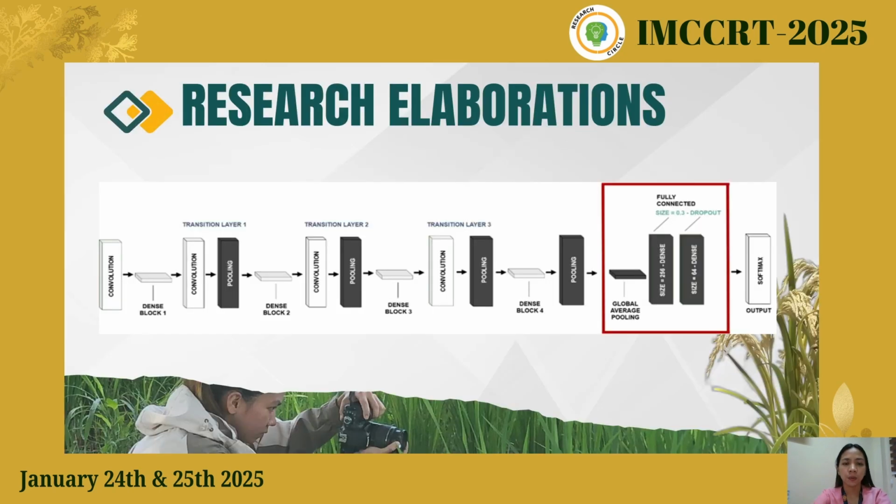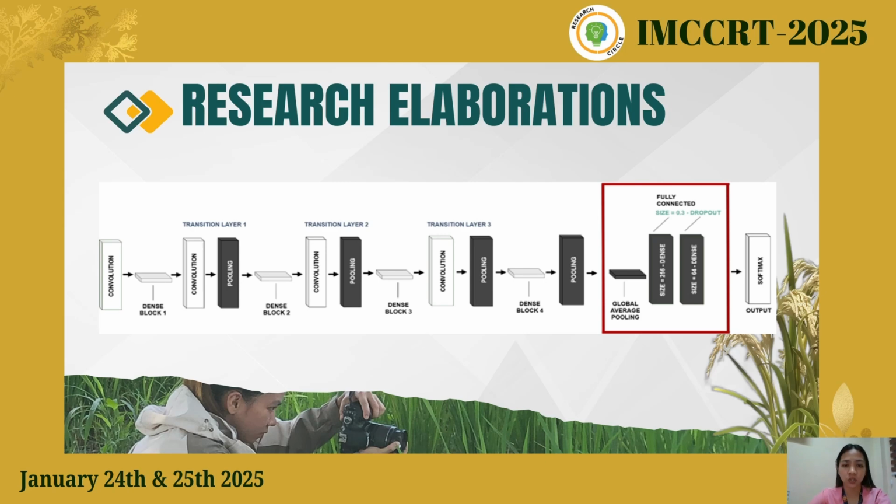Next, for the modified DenseNet-201 architecture, in this figure, the modified DenseNet-201 model addresses overfitting typically seen in fully connected layers of CNN. To address this, the researcher replaced the top layer with a dense layer containing 1,000 nodes.